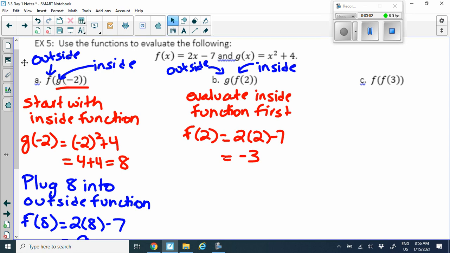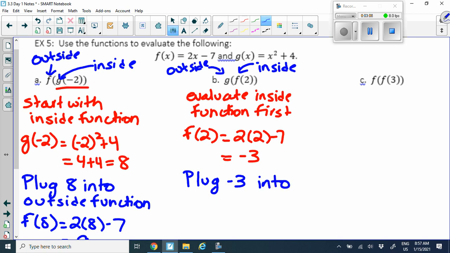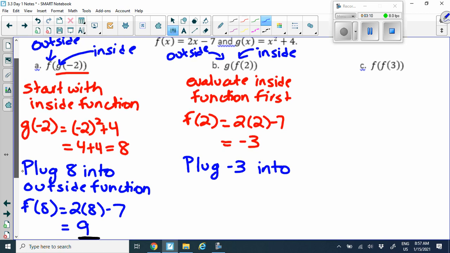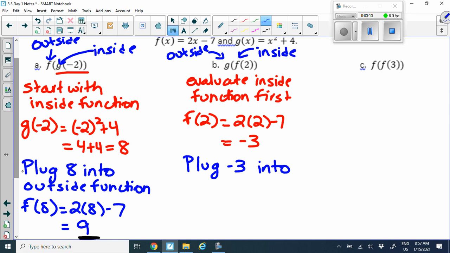Now, from there, I'm going to plug -3 into our outside function, which is g here. So my g of x is x squared plus 4.